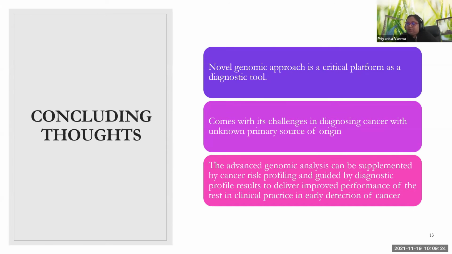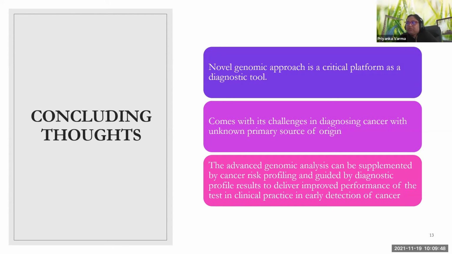And then, to conclude, definitely the genetic biomarkers which are being researched via novel genomic approaches like NGS and sequencing technologies are a boon, and they can serve as a critical platform as a diagnostic tool.